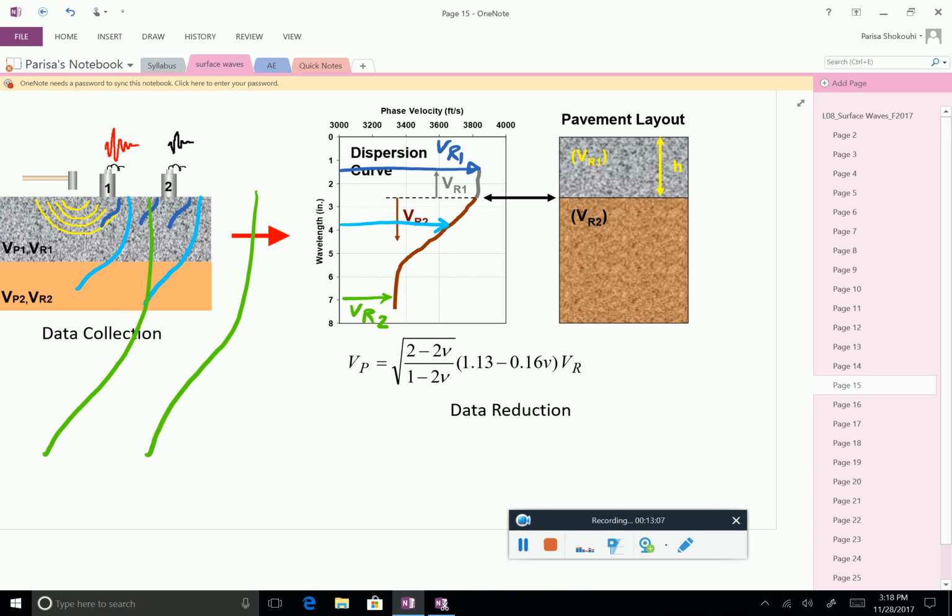Now, if you have a two-layer system, everything is very easy. Also, if you were only interested in the velocity of the top layer, imagine you have some sort of a structure or a specimen, something that you are just interested in the top 2 inches, in the top 2 meters, depending on the scale.